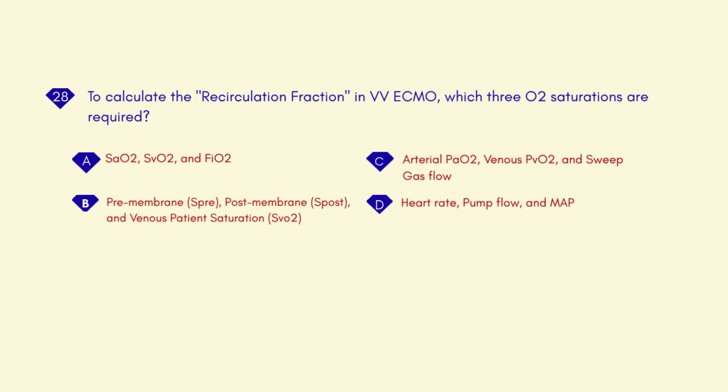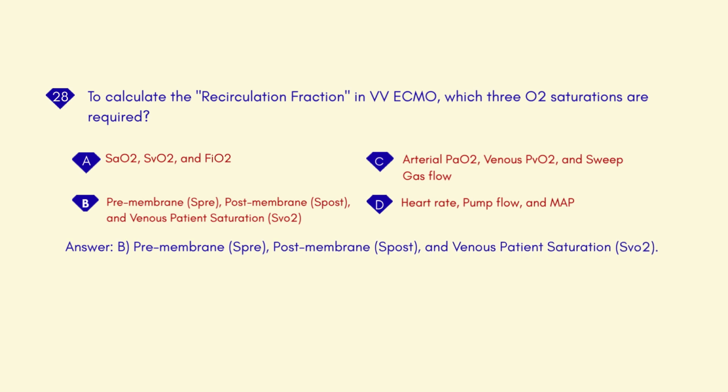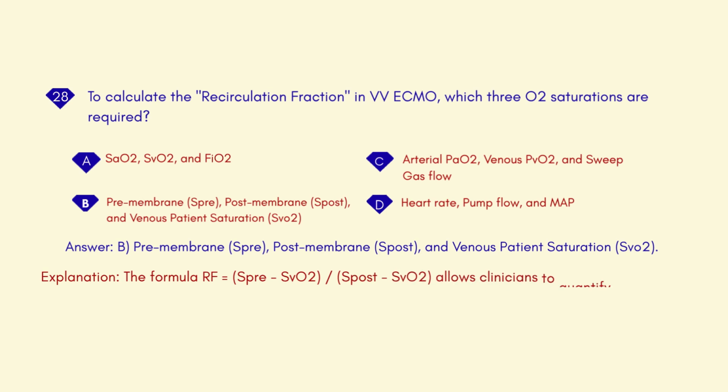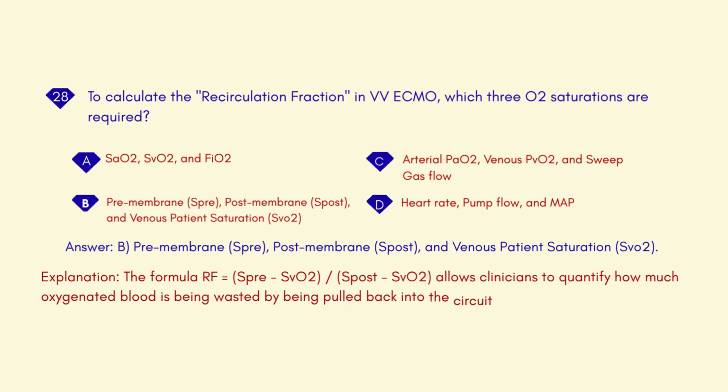D. Heart rate, pump flow, and MAP. Answer: B. Explanation: the formula RF equals (SPOST - SPRE) / (SPOST - SbO2) allows clinicians to quantify how much oxygenated blood is being wasted by being pulled back into the circuit immediately.